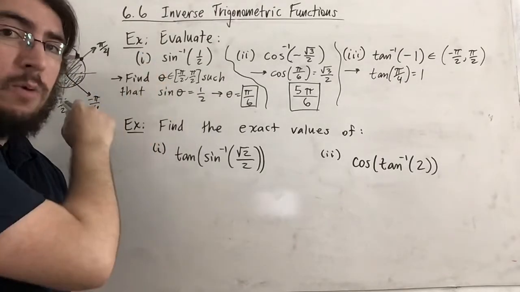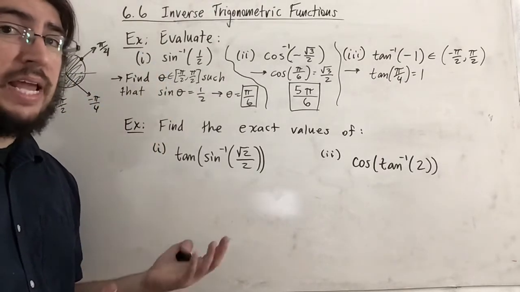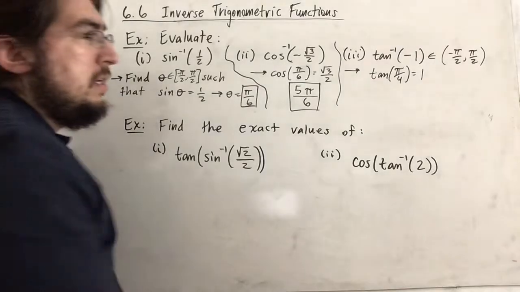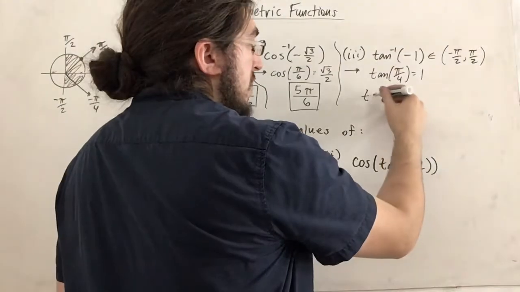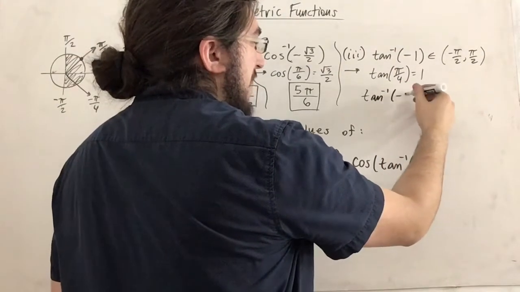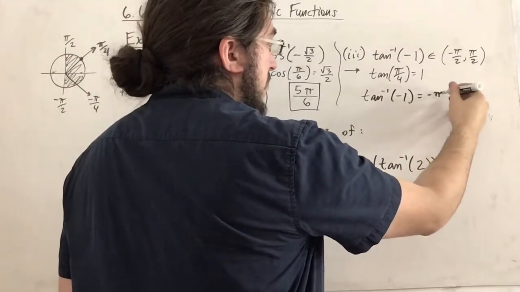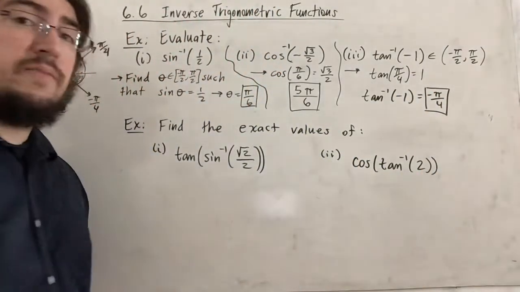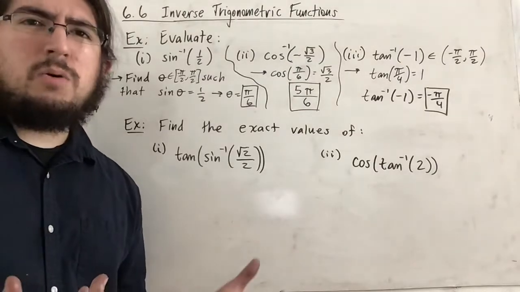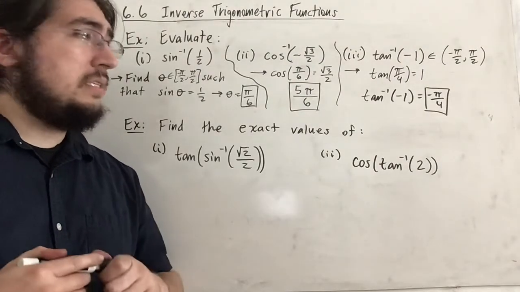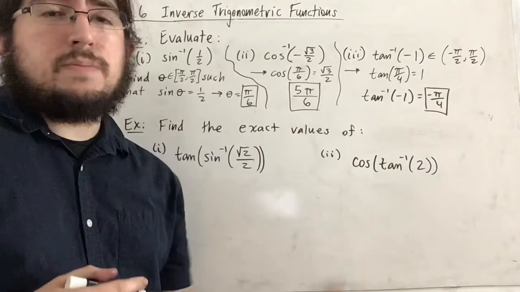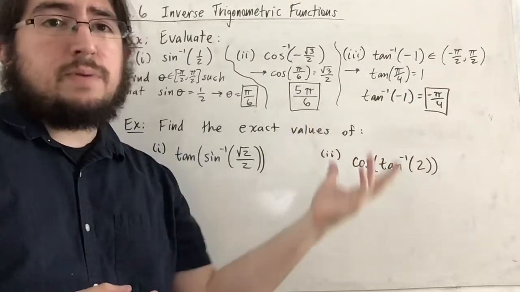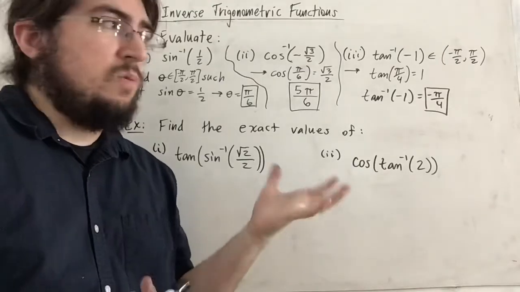But if you swing back around, we have the notion of negative angles. So it still makes sense, we're just maybe not used to it. So in actuality, tangent inverse of -1 must be equal to negative pi over 4 because tangent of negative pi over 4 will give you -1. And it also really helps that tangent is an odd function, meaning the negative comes out. So if you take tangent of negative pi over 4, it's negative tangent of pi over 4, which is -1.